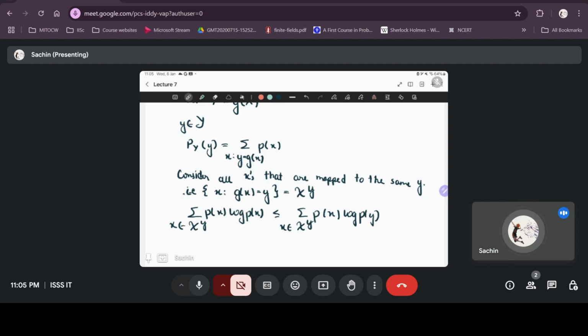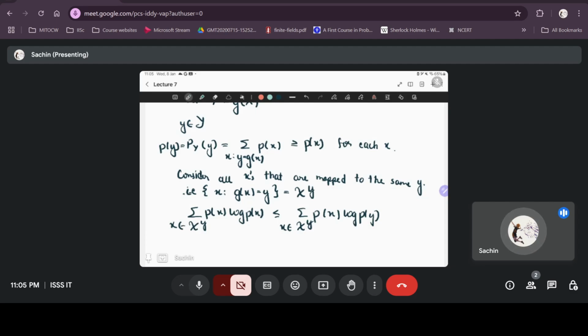So p of y is actually greater than or equal to each of the individual terms in that sum, since all the terms in that sum are non-negative. That is, this is greater than or equal to p of x for each x.